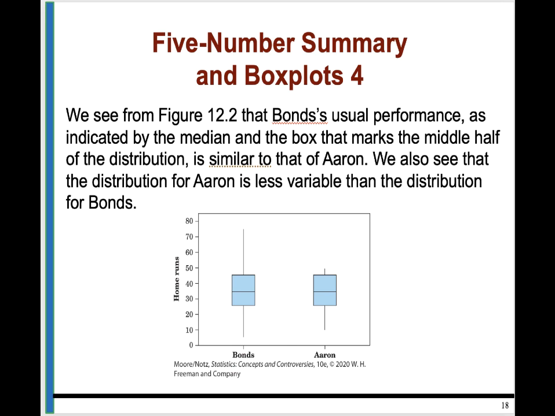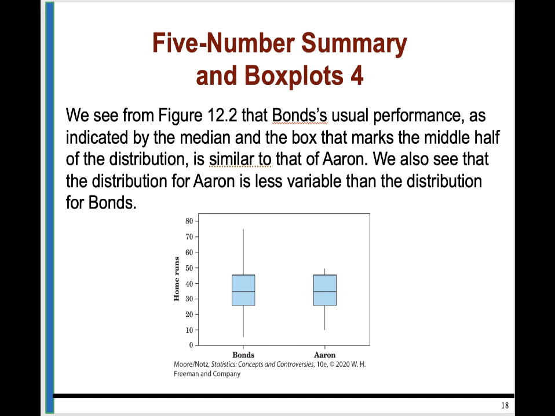It's the middle 50%: from Q1 to the median, that's 25%. From the median to Q3, that's 25%. So we're looking at the middle 50%. Both of them had a relatively similar middle 50%. However, Barry Bonds had a very long whisker above to get from Q3 to the max, and a relatively long whisker from Q1 down to the min.